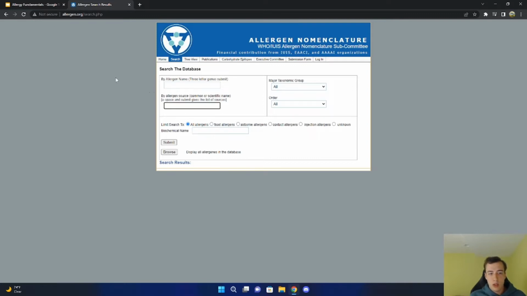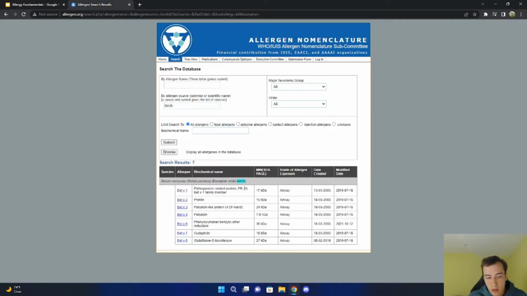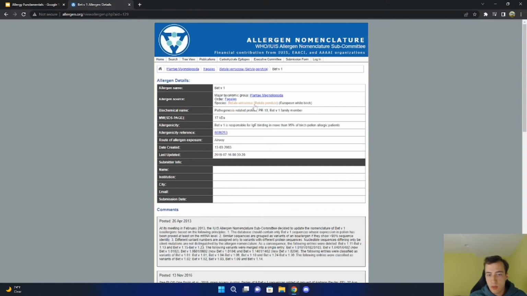And what we can do here is we can search for birch pollen. And we see that the first result is called Bet v 1, and this is the major allergen for birch pollen. And it's through the airway.